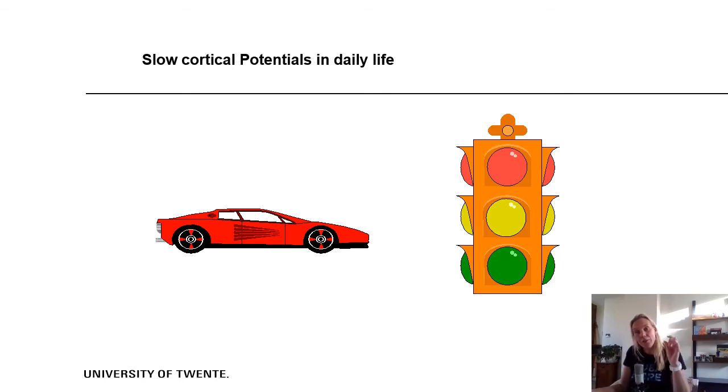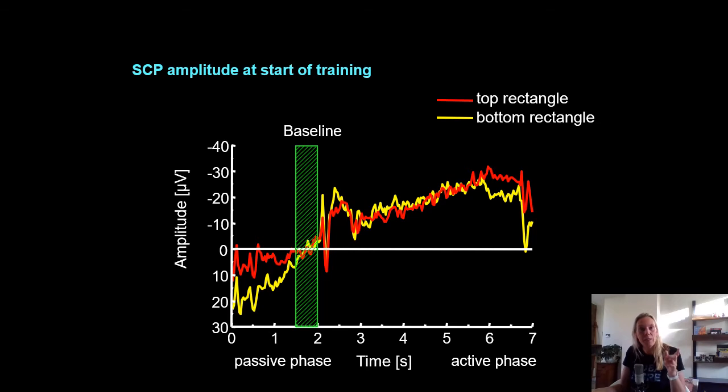And this is the kind of feature that we use for brain-computer interfaces. We can train people to produce slow cortical potentials. So for example, here in a first session with a participant, you prepare the people that at a certain moment a tone will appear, and from then you have to try to move a ball in the top rectangle or a bottom rectangle with your slow cortical potentials.